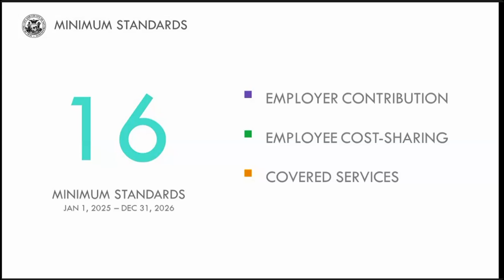Before diving into more details, I want to preface that if you're working with an insurance broker, they can send me questions about whether plans being considered comply with the minimum standards.